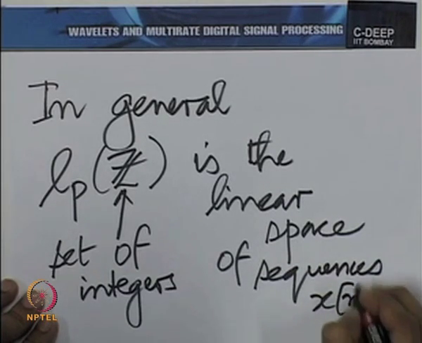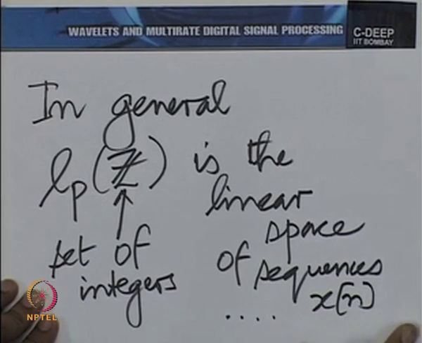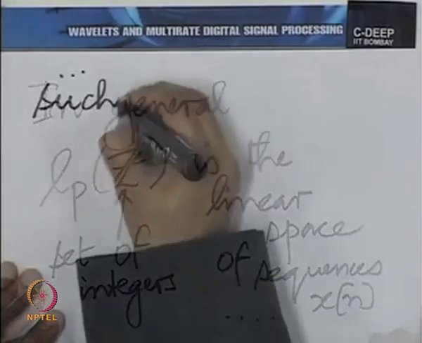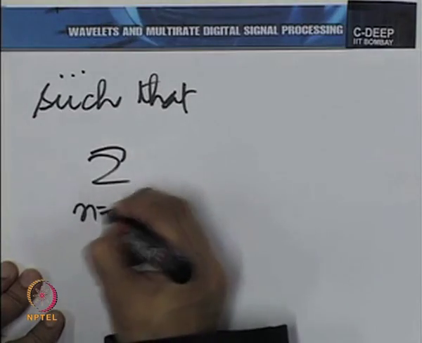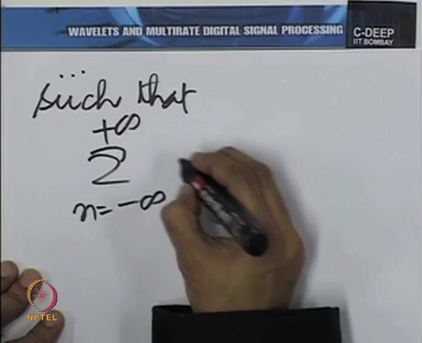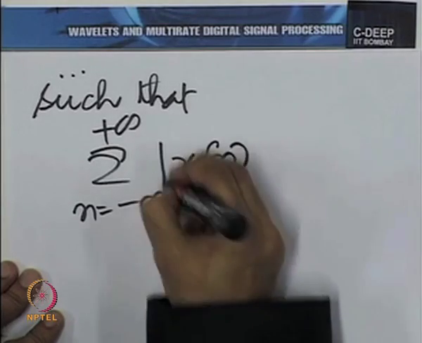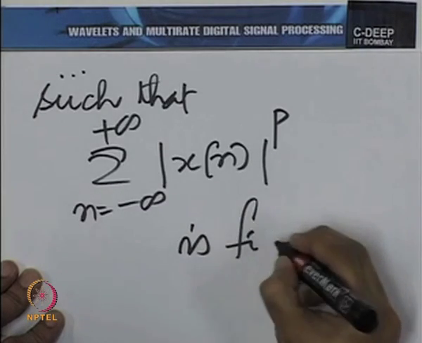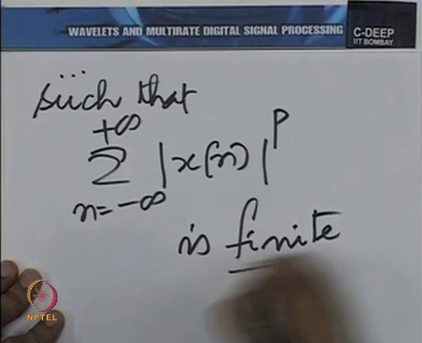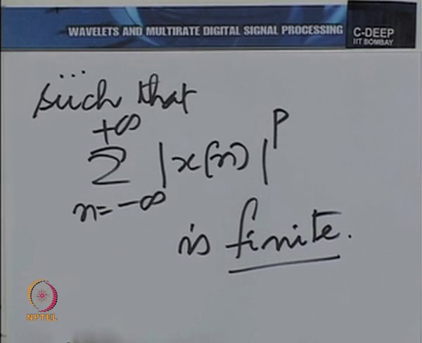Let the sequences be written as x n such that summation n going from minus to plus infinity mod x n to the power p is finite. So, in particular, if you put p equal to 2, you get small L2Z.